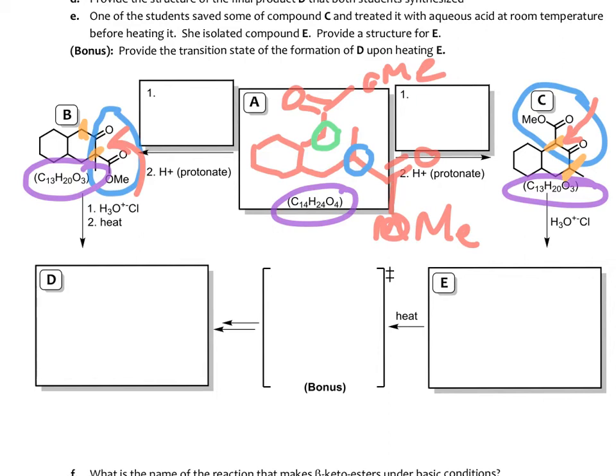The difference is in the enolate stability. So this is a kinetic versus thermodynamic stability or preference question. The green position is less hindered. It's got more protons on it, so this is going to be kinetically favored.